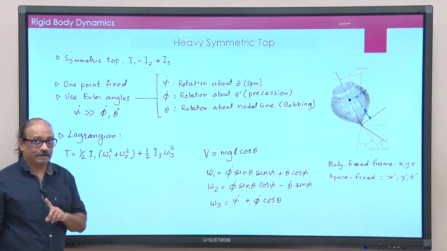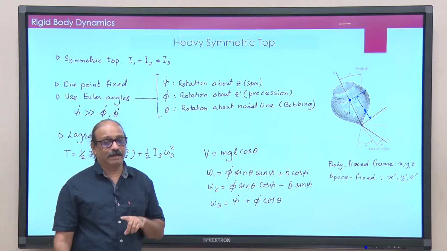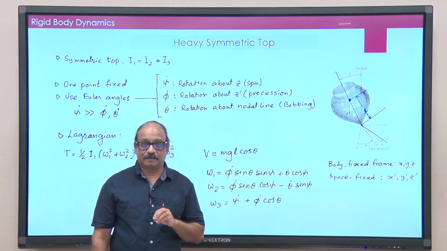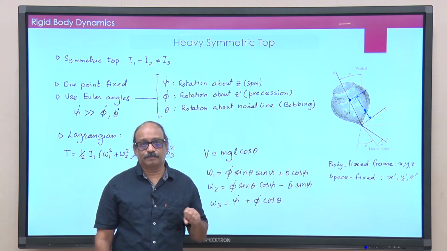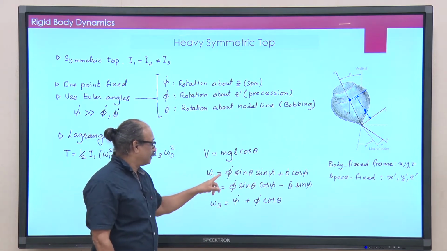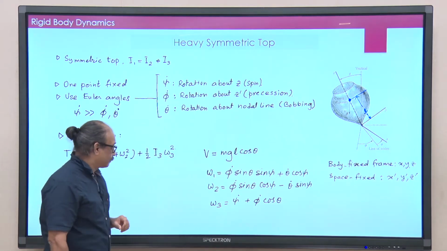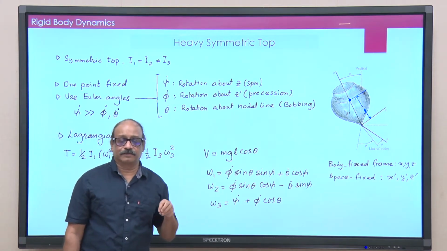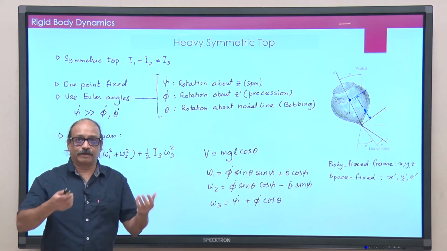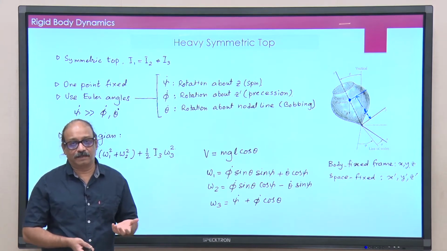And once we do that, remember now our Lagrangian will come out to be a Lagrangian of only phi, theta, psi and the corresponding rates, that is phi dot, theta dot and psi dot. Okay. And once we have the entire Lagrangian in terms of theta, psi, phi, we can forget about which coordinate system we were really talking about.